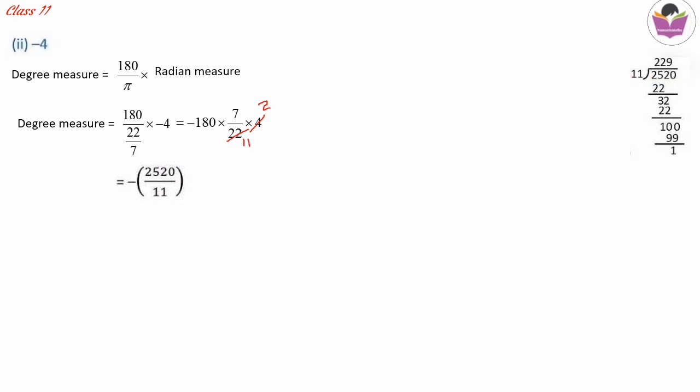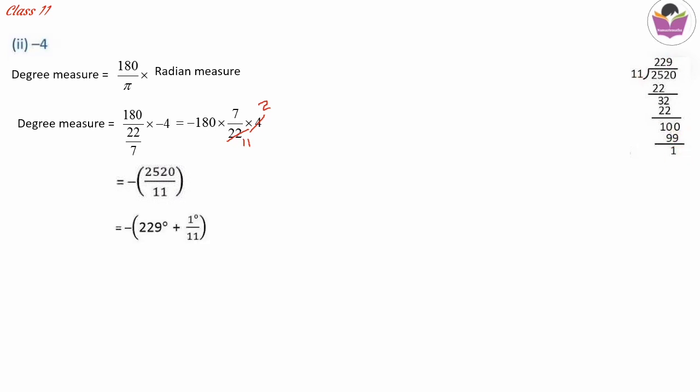So 25 is the first 2 digits. 2 11s are 22, balance is 3, and bring this 2 down. Again 2 times only will go. 11 into 2 is 22, and 32 minus 22 we will be getting 10 balance, and there is one more 0, bring down, that is 100. 9 times will go, 9 into 11 is 99, so the remainder is 1.